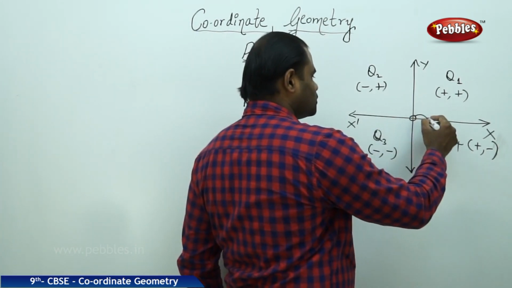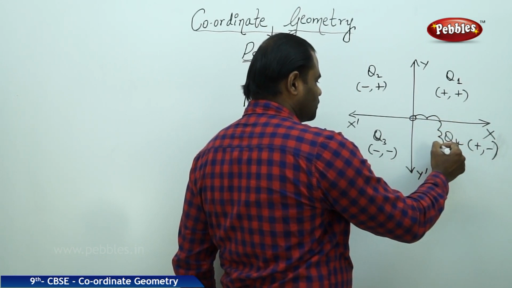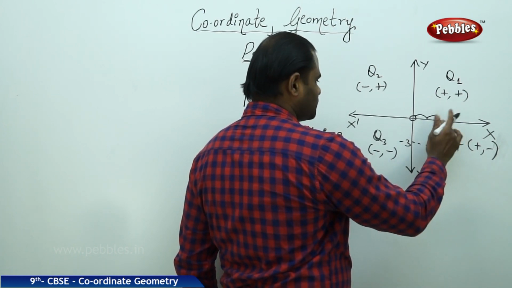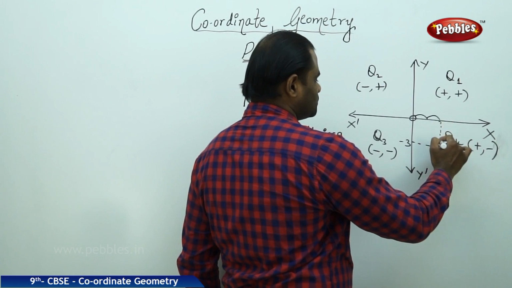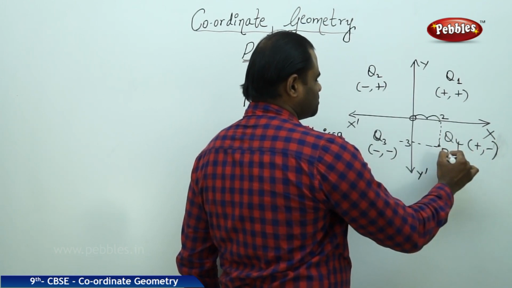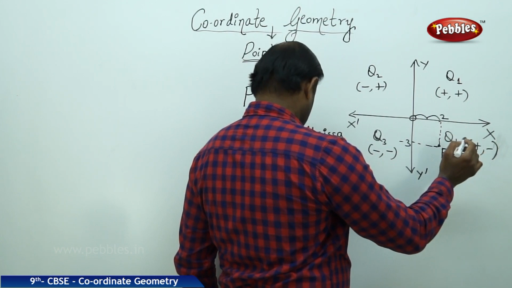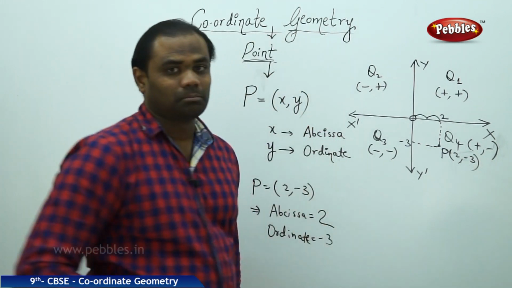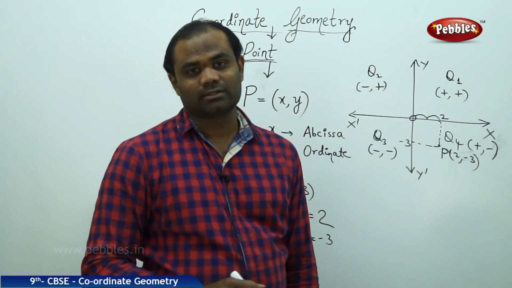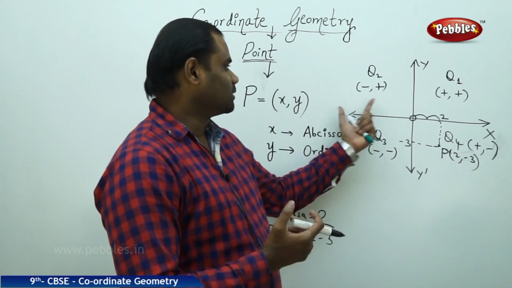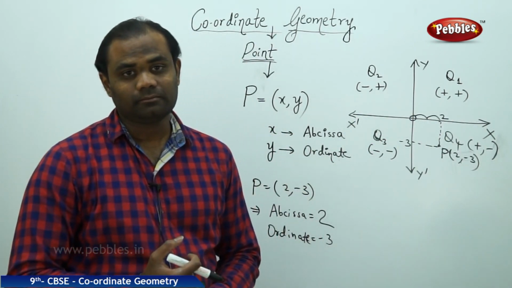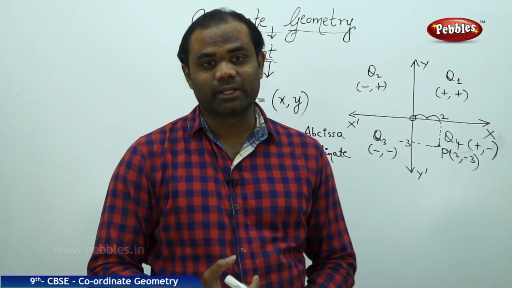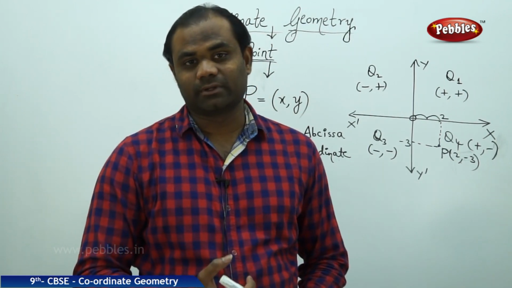So here I have the point minus 3 and here it is 2 and here is the point (2, minus 3). The point is now located in the fourth quadrant using the signs of the abscissa and the ordinate. Locating a point through abscissa and ordinate, through an example (2, minus 3).